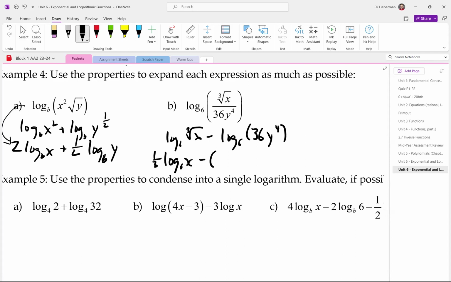Oh wait, no. Yes. This is devious. The log base 6 of 36, two, plus log base 6 of y to the fourth. You have to do that one too, and you have to move forward.